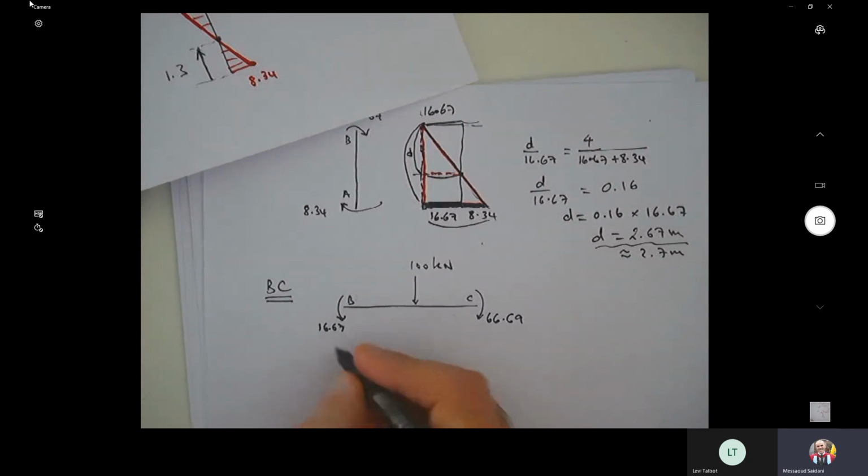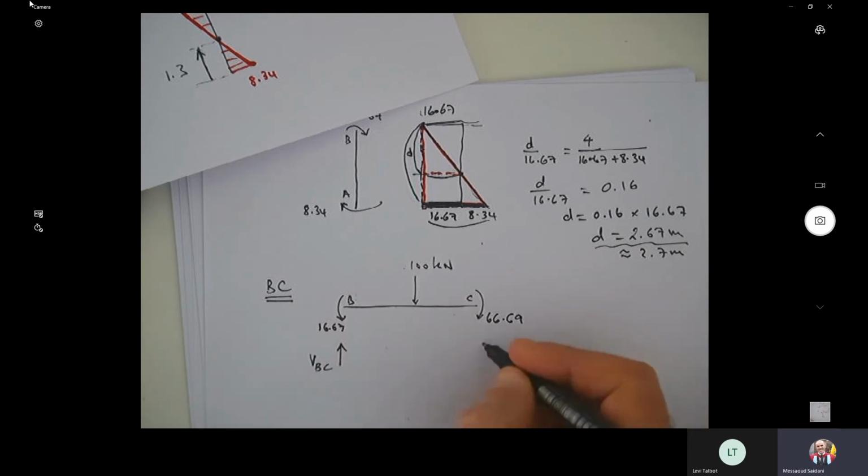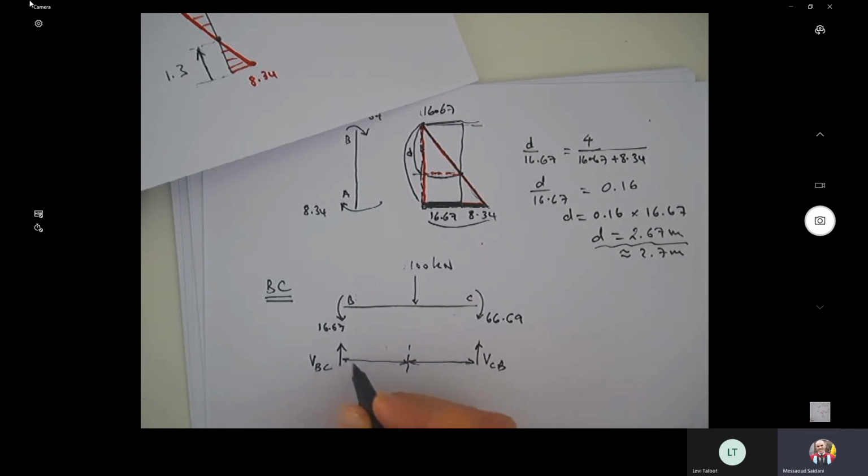Obviously we have reactions here: a reaction at B, which is VBC, and a reaction at C, which is VCB, and the distances are 2 meters and 2 meters.